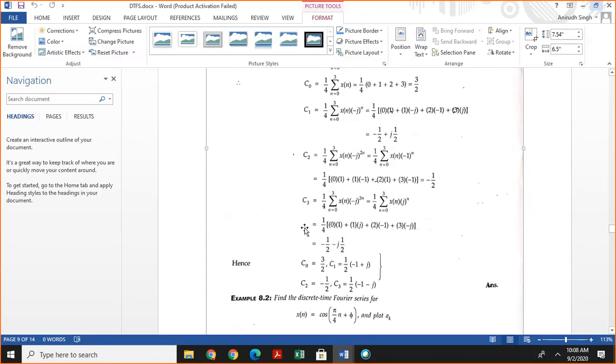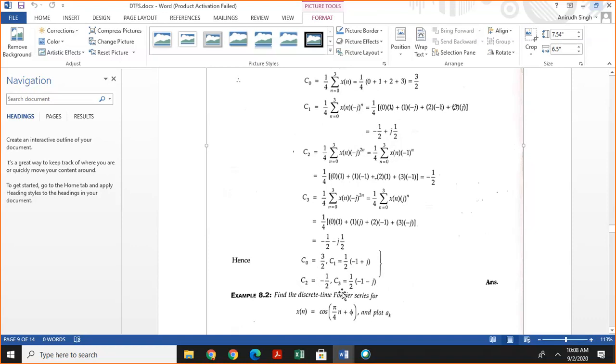Next, C3 is also calculated in the same manner, and we get the value of C3 as minus half minus j by 2. So all the values of C0, C1, C2 and C3 are calculated in this question.